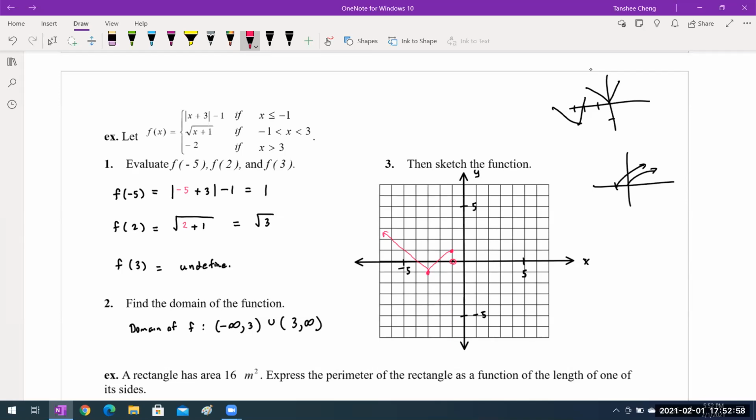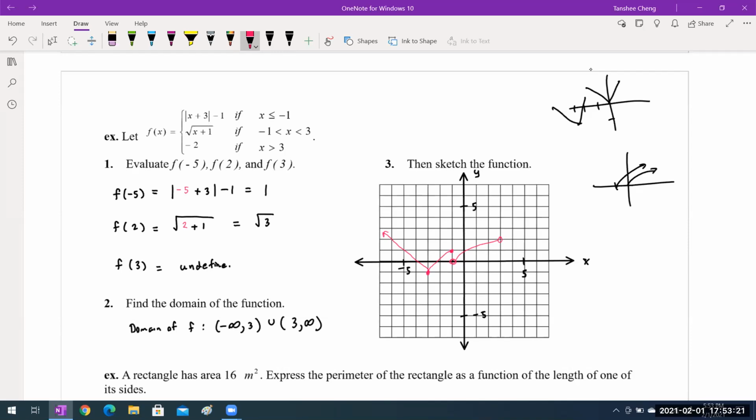We shifted to the left, but it's an open circle, and also at 3, it's going to be problematic. When you substitute 3 in, 3 plus 1 is 4, and the square root of 4 is 2. So at 3 it would be 2, but we don't include that point. So this will be a graph like this.